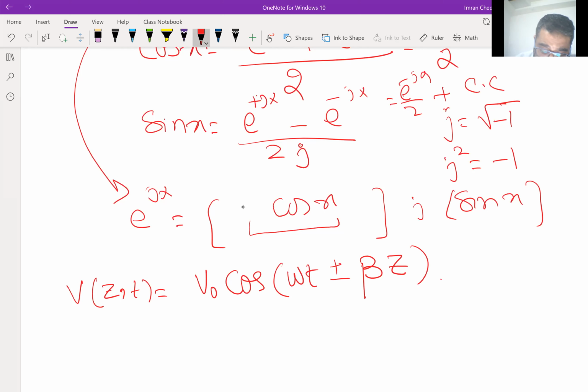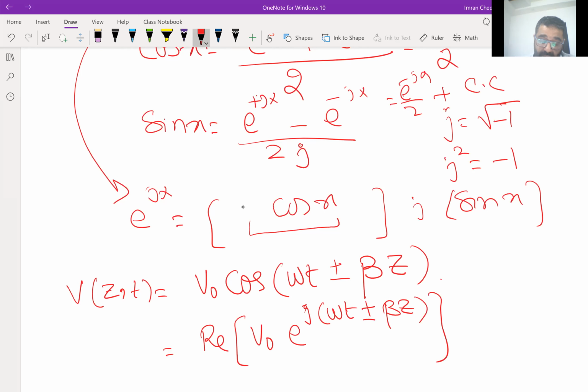I can write that like this: real of V naught e^(j(omega t plus minus beta z)), right? इस पे किसी को इतराज नहीं होना चाहिए. Look over this Euler identity.